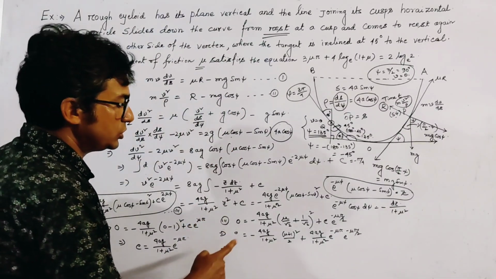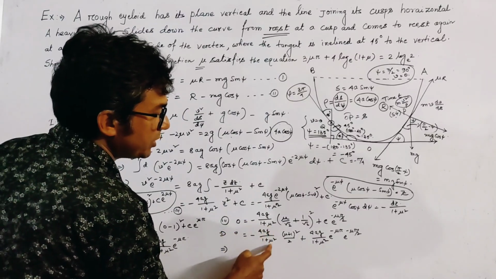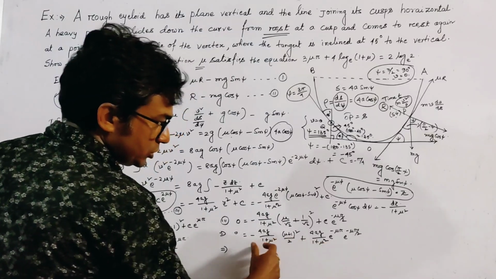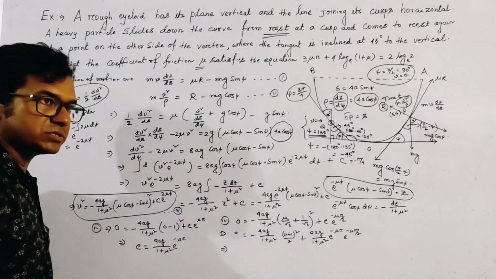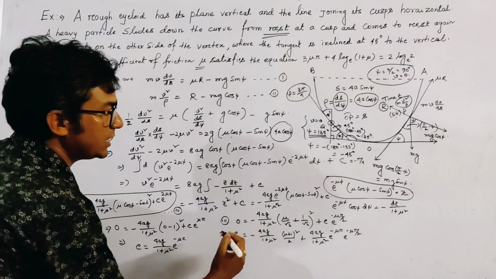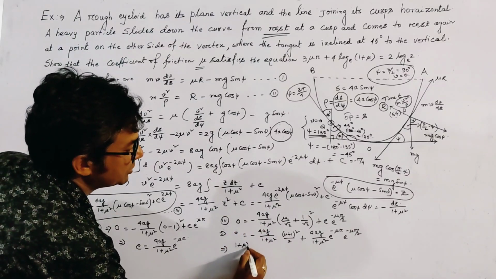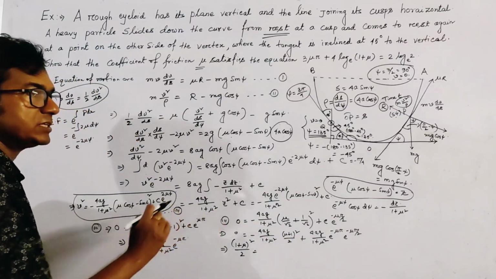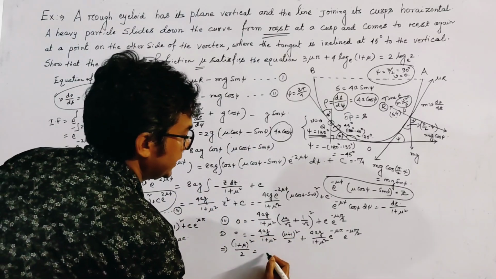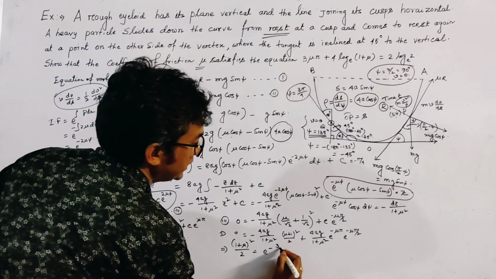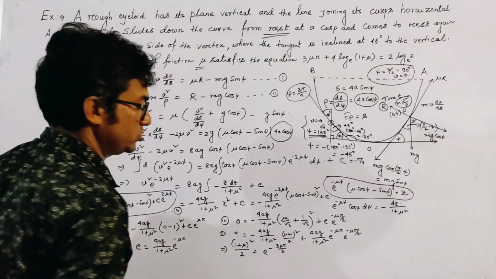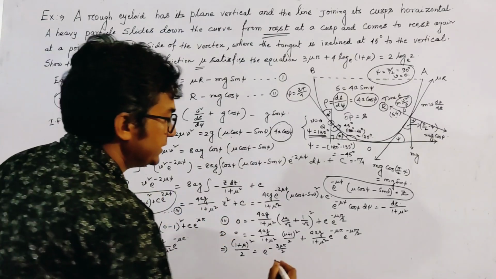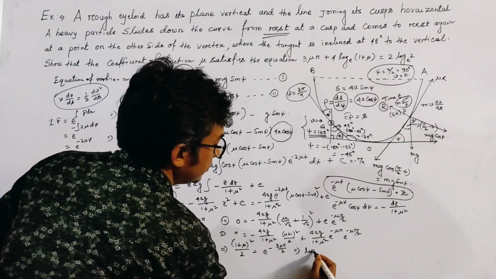Now we cancel out the term 4Ag by 1 plus mu square, because in two terms this term is common. So we cancel out 4Ag by 1 plus mu square and getting the result as 1 plus mu whole square by 2, because this is minus. So we change the side of this term, and the right side is e to the power minus 3 mu pi by 2.